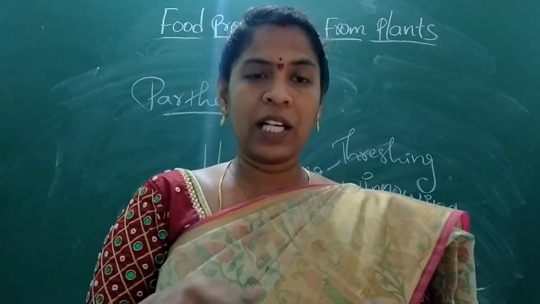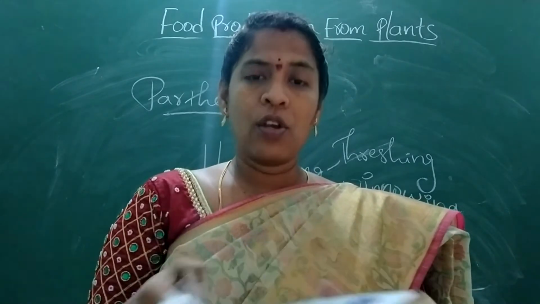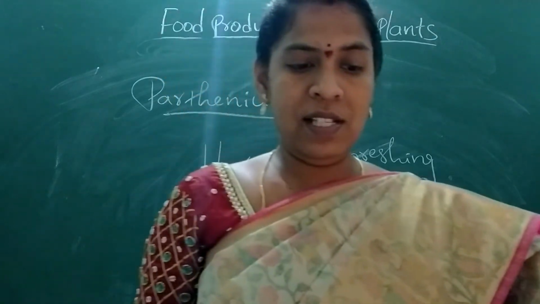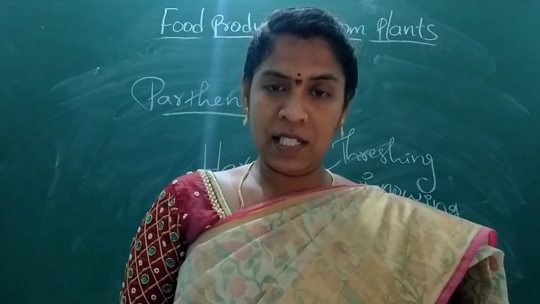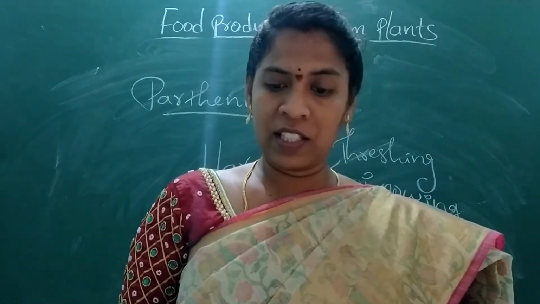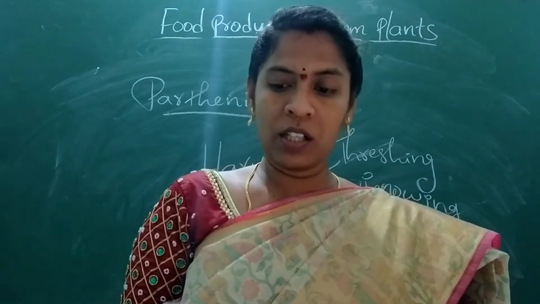So once again we will continue from our starting lesson. What have we discussed in this lesson? We have discussed different crops cultivated in India, in our state and district, as well as in our village. Basically, what are the crops cultivated?